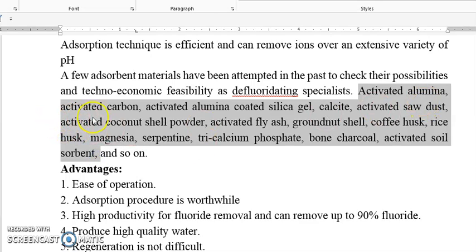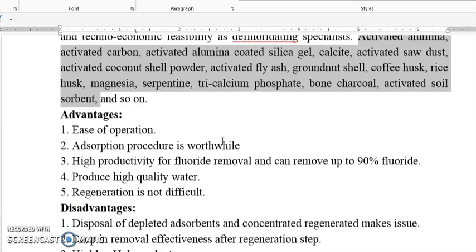Activated alumina, activated carbon, activated alumina coated silica gel, calcite, activated sawdust, activated coconut shell powder, activated fly ash, groundnut shell, coffee husk, rice husk, magnesia, serpentine, tricalcium phosphate, bone charcoal, which is also called bone char, activated soil sorbent, and the research is still going on to find more and more new adsorbents which are easily available, which are very cheap, and which can be used in rural areas also.